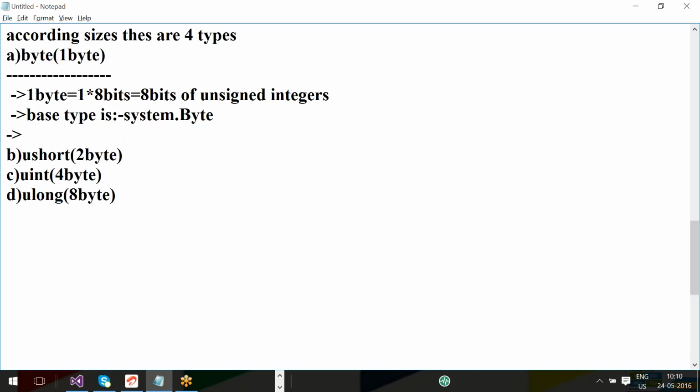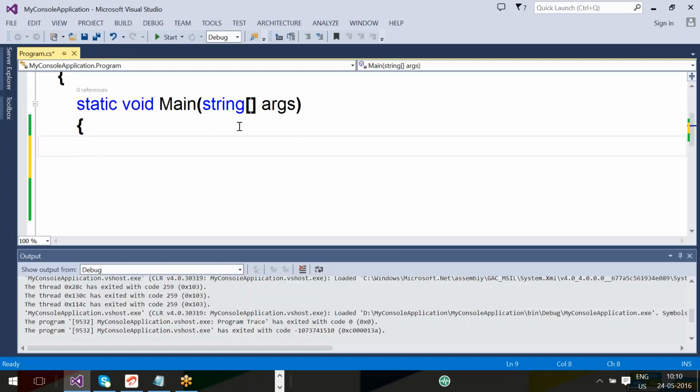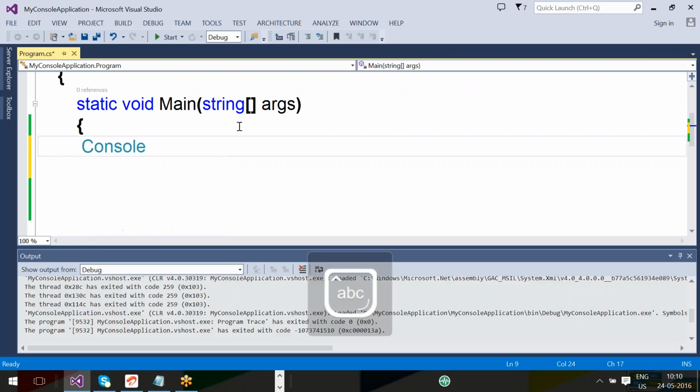Now next, min value and max value. Let's find the min value and max value of byte. Now, console. For effective learning, I'll tell you, one is simultaneously writing on your paper, not in notepad.